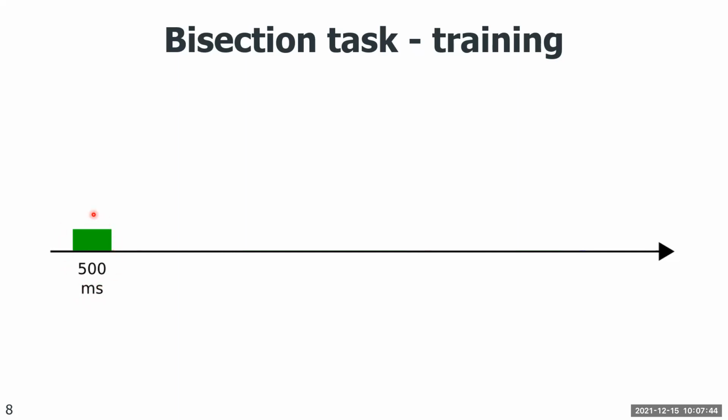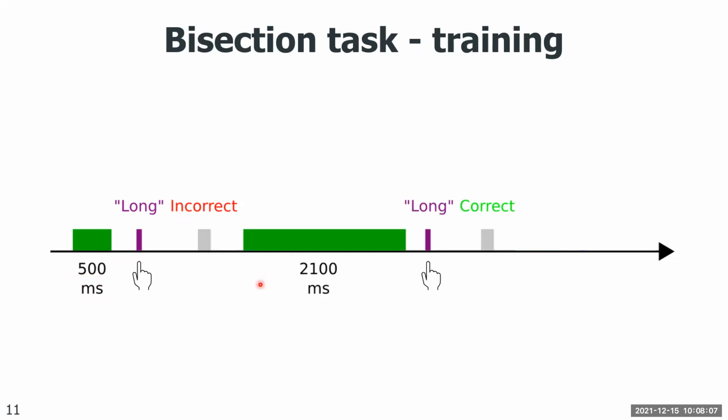So we present the subject with a stimulus, let's say a half-second long stimulus, and we simply ask our subject to respond whether they thought this stimulus was short or long. So let's say it's the first stimulus and they just guessed this was long. Then we give feedback to the subjects, letting them know that they were incorrect, and we move on to the next trial.